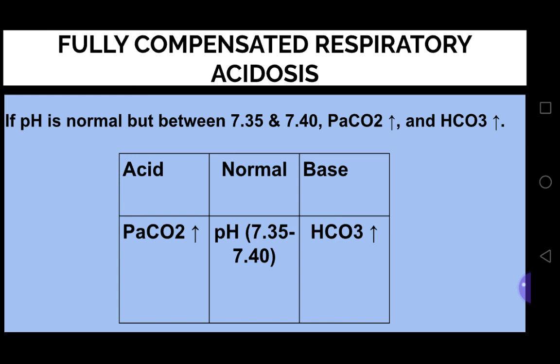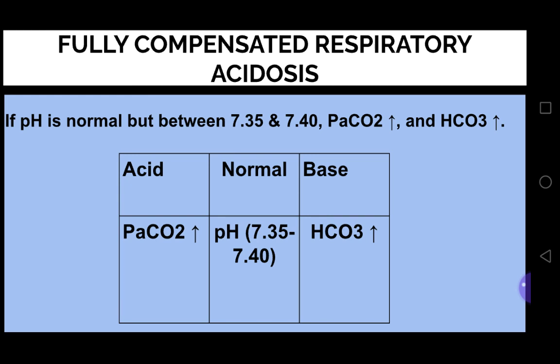So this shows that this was respiratory acidosis, and bicarbonate has compensated and brought the pH back to normal but towards the acidic side of the spectrum. So raised PaCO2 with a normal pH with a tendency towards the acidic side of the spectrum and raised bicarbonate, these show fully compensated respiratory acidosis. In fully compensated respiratory acidosis, pH comes back to normal but towards the acidic side of the spectrum.